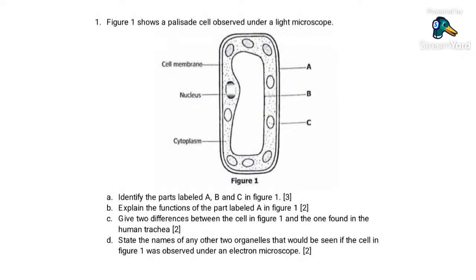Okay. Rough and smooth endoplasmic reticulum. Okay. Ribosomes and mitochondrion. Okay. We would see Golgi apparatus, rough endoplasmic reticulum.